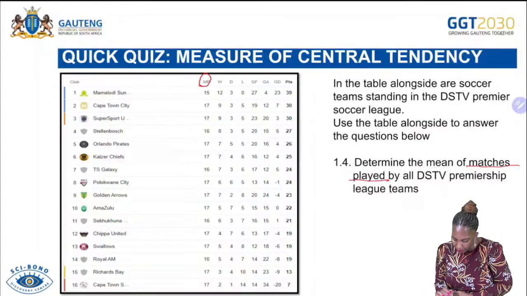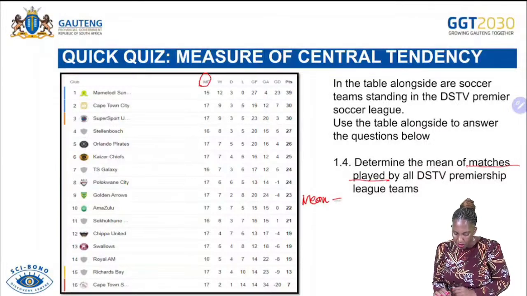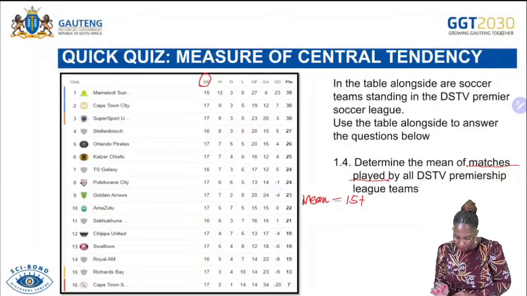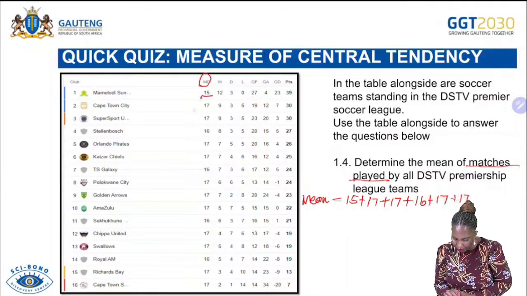Let's quickly write it down. The mean is equal to the sum. The values there: we start with Mamelodi Sundowns, it's 15, 17, 17. Can you see I am adding the values? 17, 17, and then the next one is 16, then 17, another 17. So I've covered the 15, the two 17s, then we have 16, 17, and another 17.